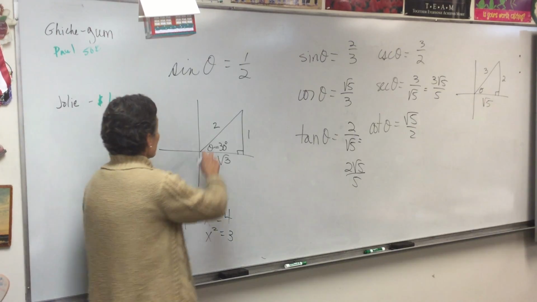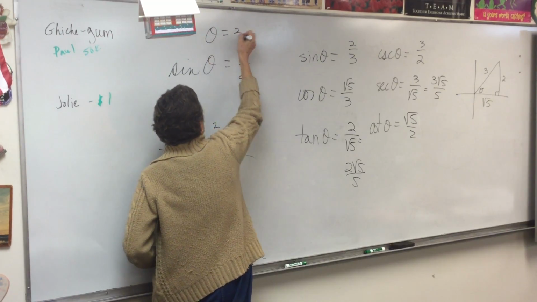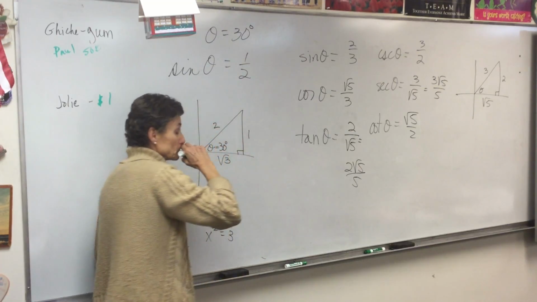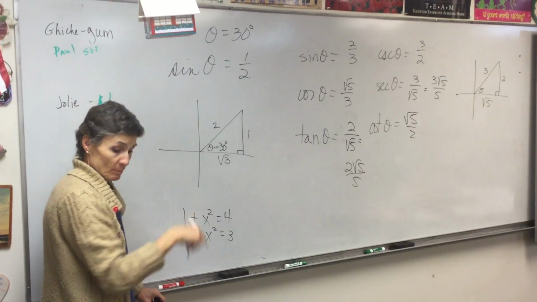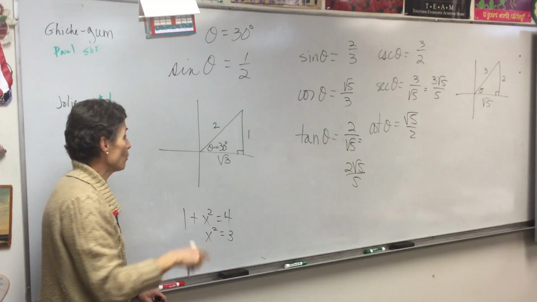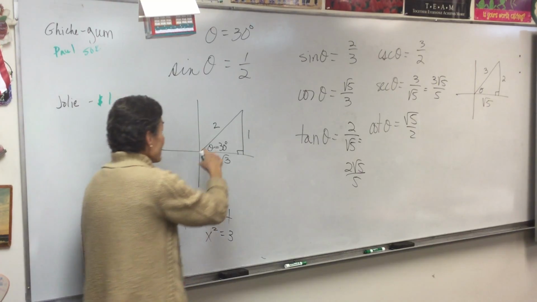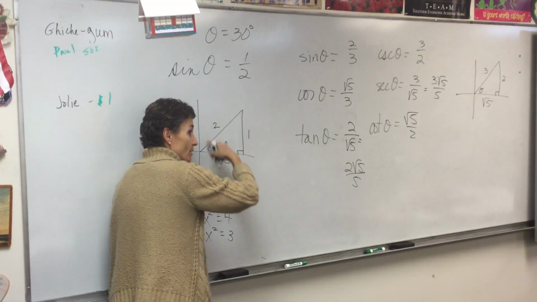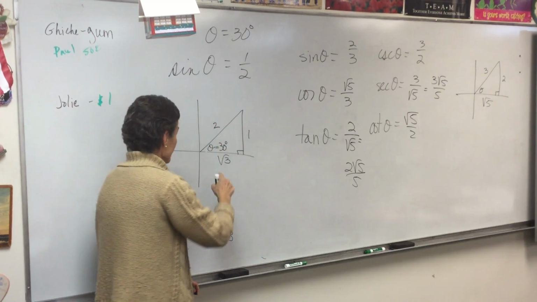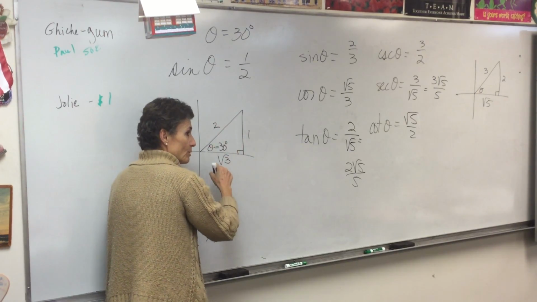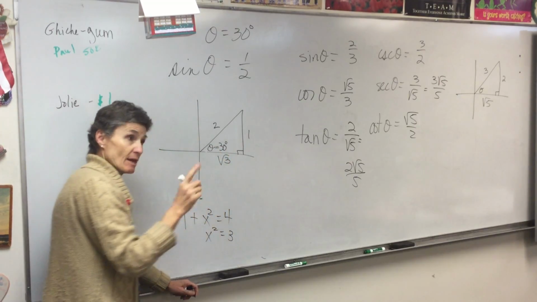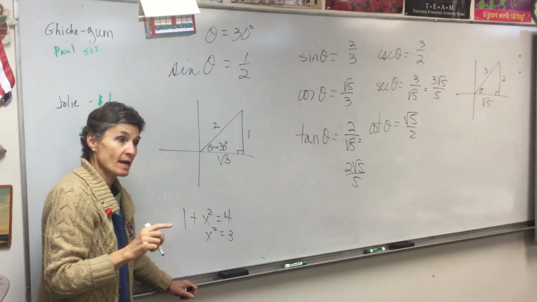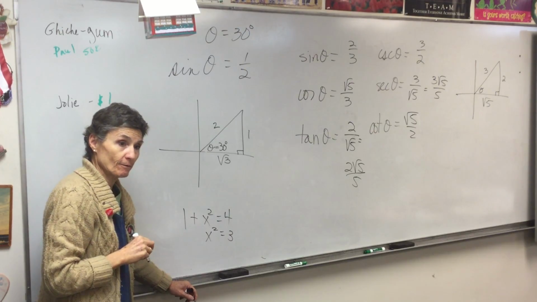So the answer to the question is theta is 30 degrees. Now, obviously, if they're giving you that problem in the homework, the triangle that you generate here has to be either 1, 2, root 3 or 1, 1, root 2. Because otherwise, you're not going to be able to know the angle without using your calculator.